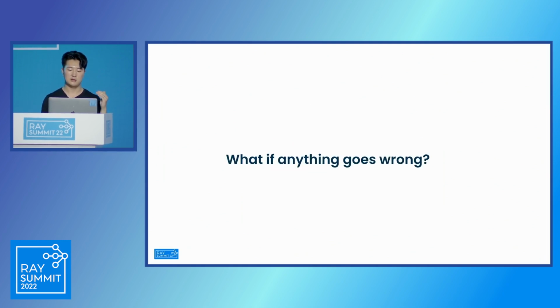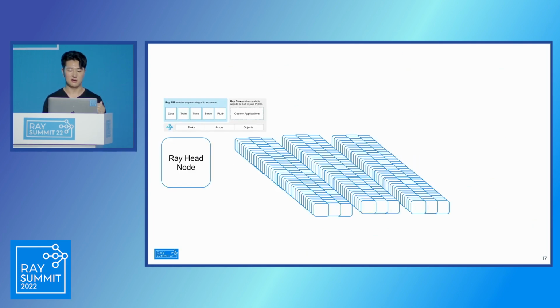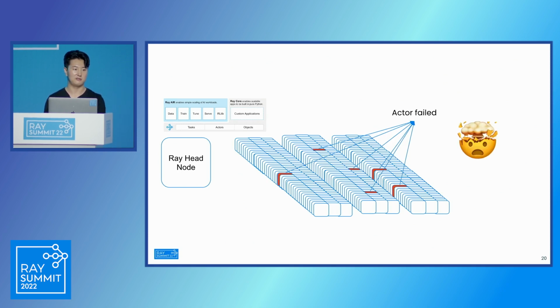And with all this in mind, imagine something went wrong, like your application is not fast enough, it hangs or crashes, for example, your actor failed, or many actors failed, and it's very, very frustrating. And then you have to figure out why this failed.